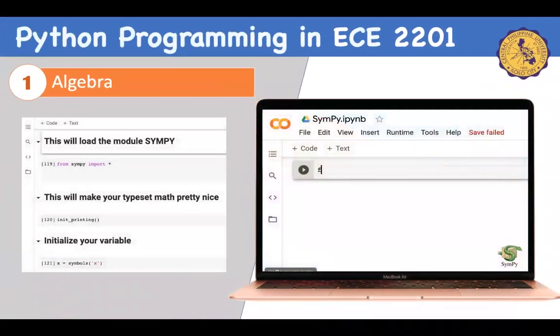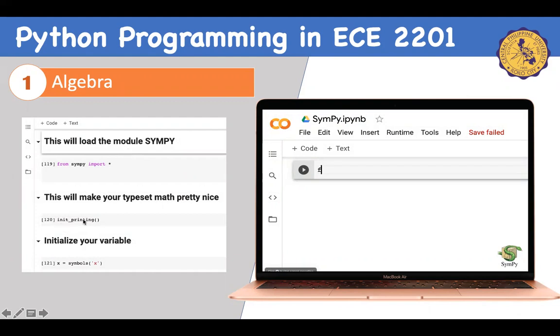For our first topic, we go to algebra, but before that, we need to know the first three lines of code here. The first line is from SymPy import asterisk. It means that we are going to load modules from SymPy, and we are going to load every command because of this asterisk in your module SymPy.